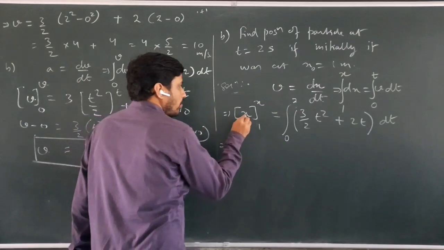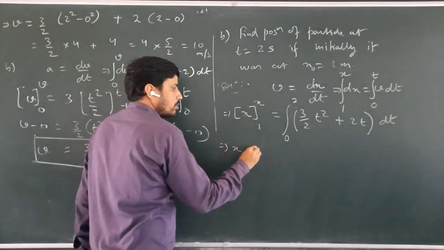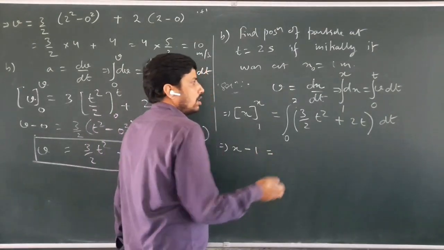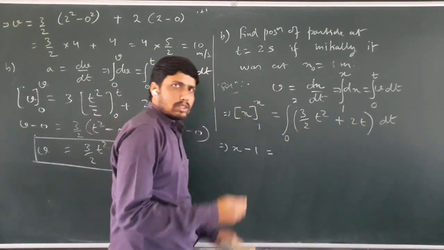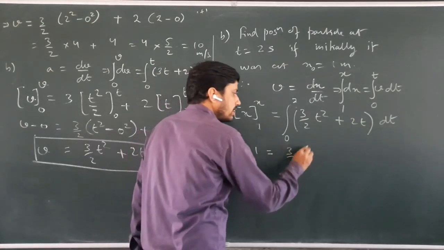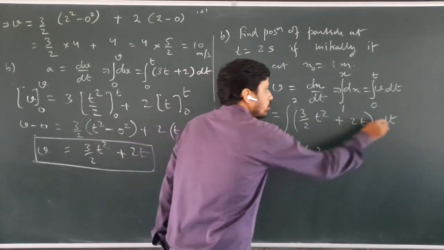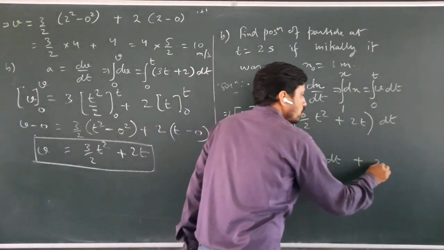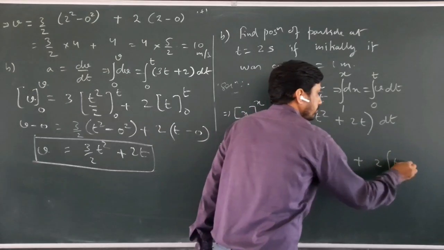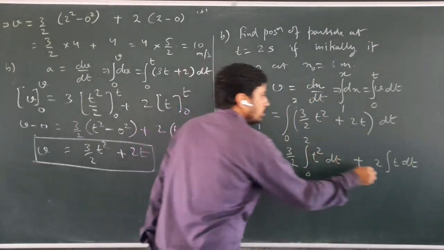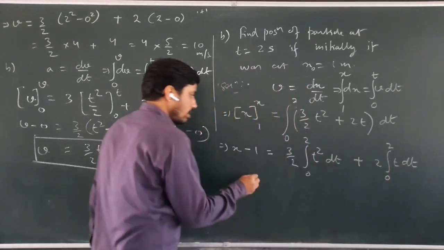So this becomes, first put x is equal to x, then put x is equal to 1, and then subtract. I will segregate these two terms. We will solve them separately. First one is 3 by 2 constant, we'll take it out, integration t square dt. Second term will be 2 constant, we'll take it out, t dt, and the limits from 0 to 2.